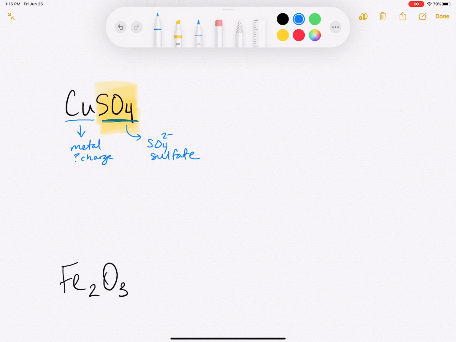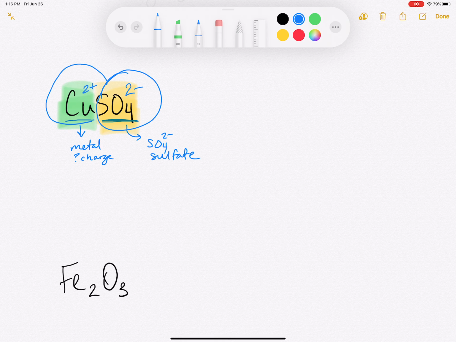And so in order for this 2- charge to be balanced, this entire copper, I only have one atom of it, it needs to have the same equal but opposite total charge. And so in this case, it's just a 2+, because this entire thing right here is a 2-. I only have one copper, so it's going to end up carrying that entire 2+ charge. Remember, I want my total charges to be equal but opposite.